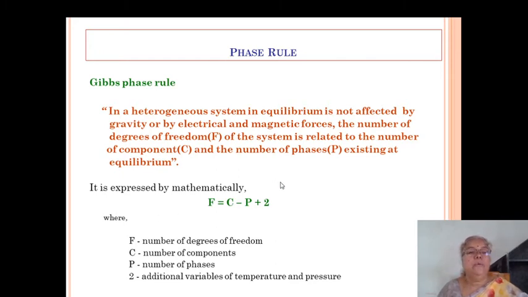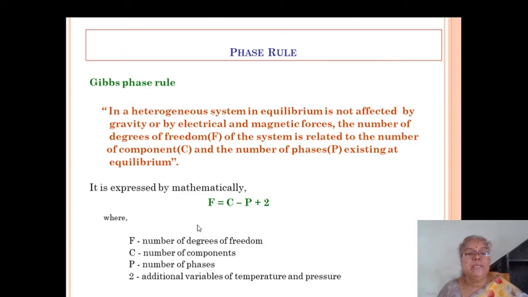I will repeat once again. In general, the Gibbs phase rule gives the relationship between the degrees of freedom of the system, the number of components of the system, and the number of phases of the system.